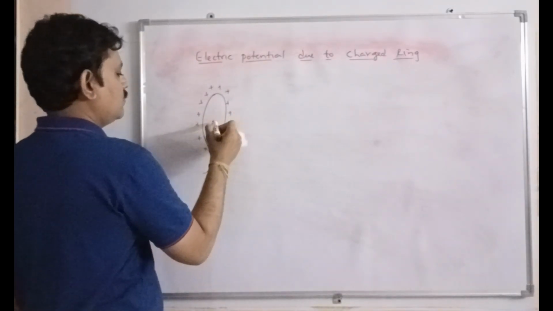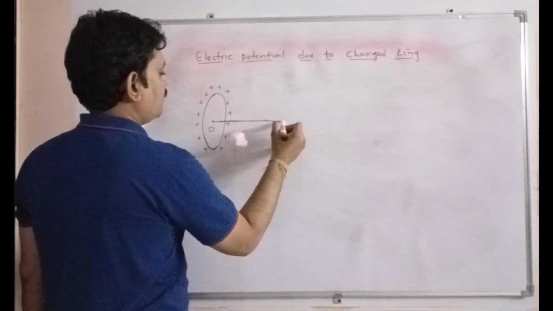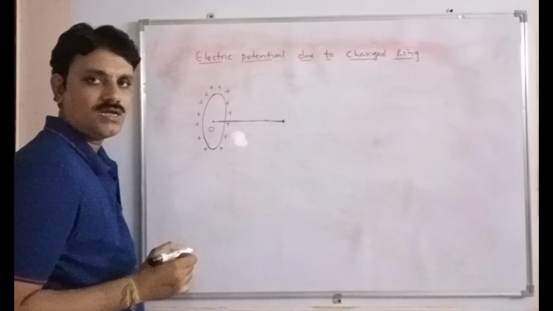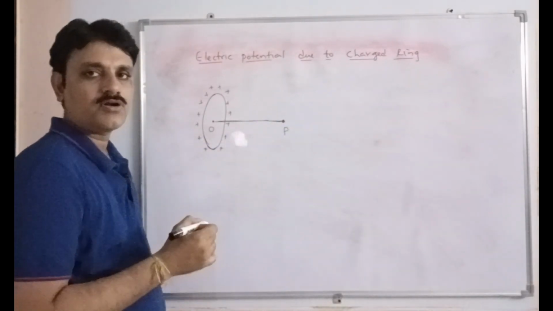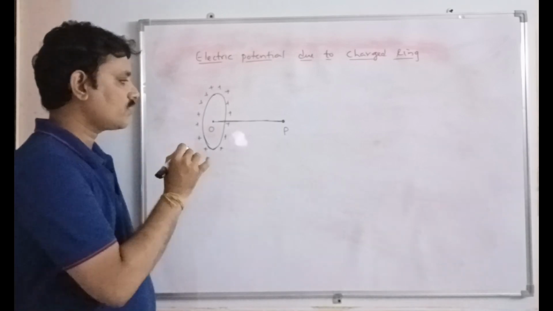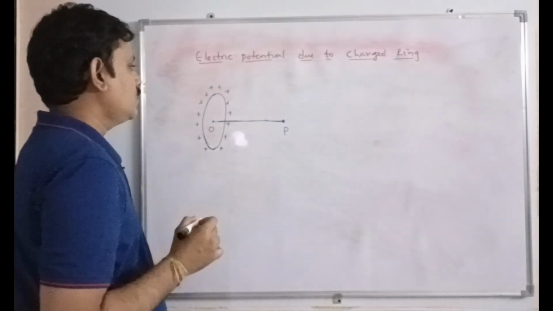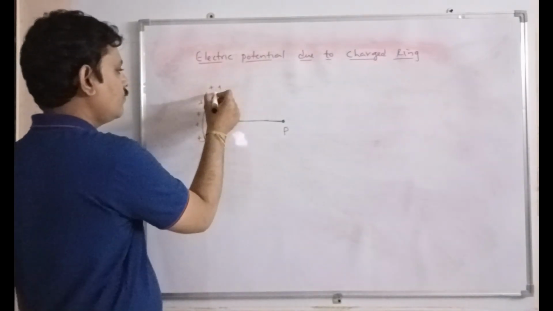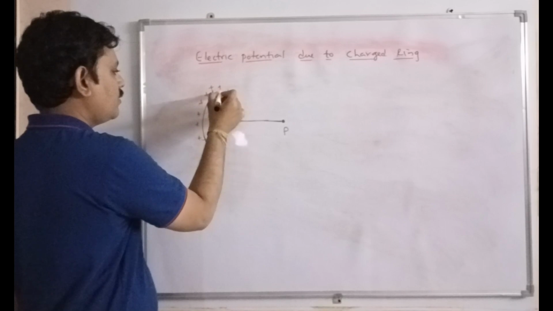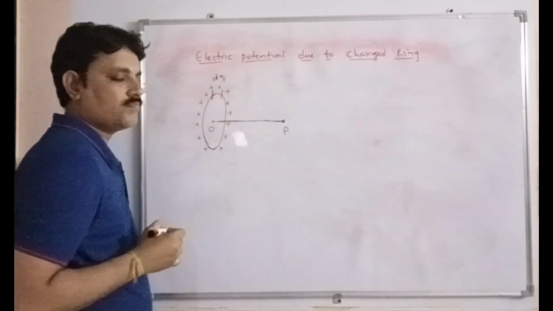Our aim is to calculate the electric potential at a point P from O. Because this is a uniform charge distribution, we take a small element on the ring, the elemental part of the ring having charge dq.